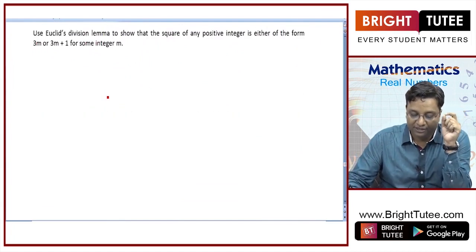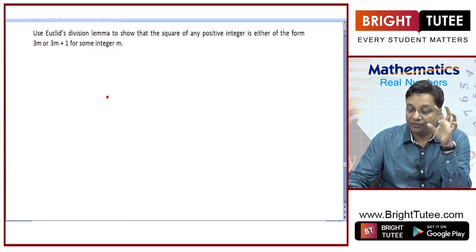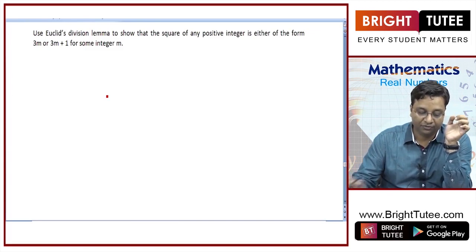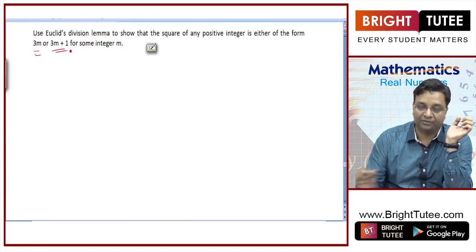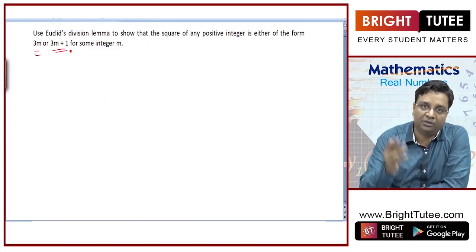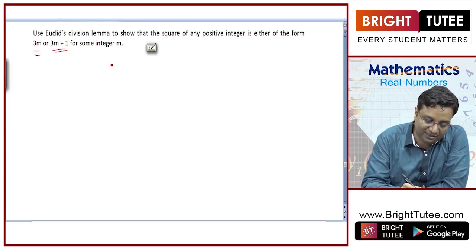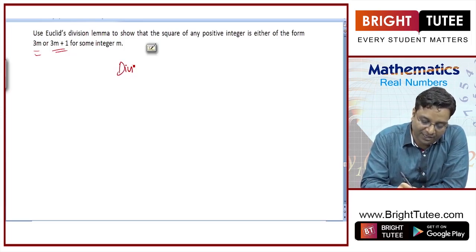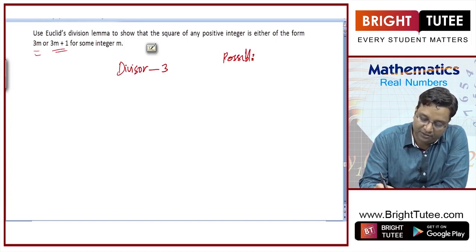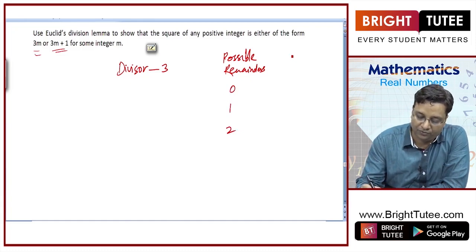Now use Euclid's division lemma to show that the square of any positive integer is either of the form 3m or 3m plus 1. So let's take the divisor as 3. If the divisor is 3, what are the possible remainders? 0, 1 or 2. So what are the forms in which the numbers can be written?